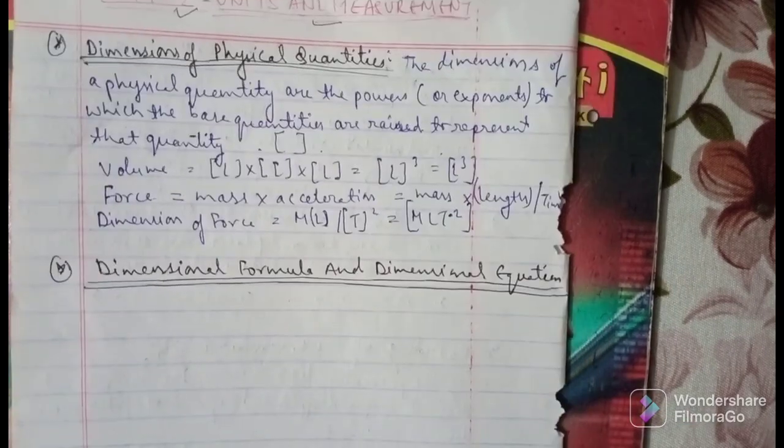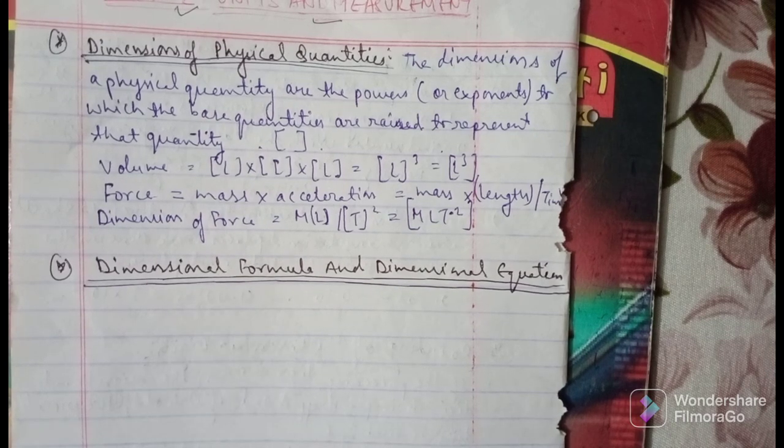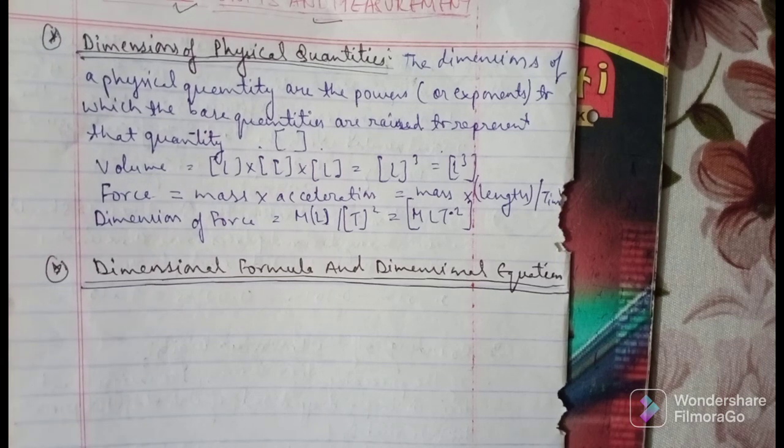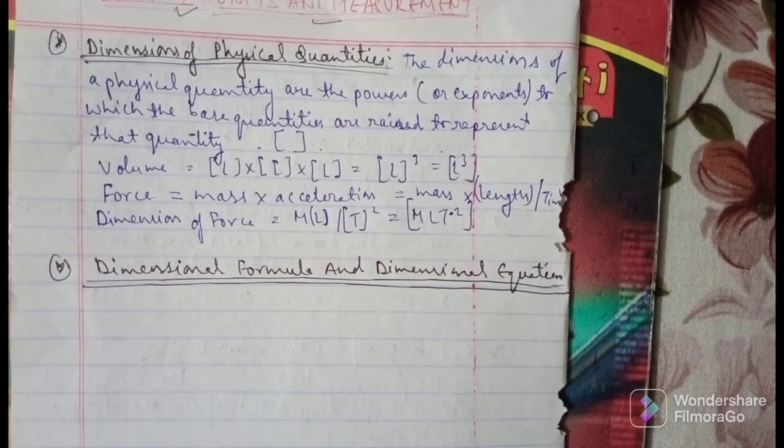In terms of dimensional formula and dimensional equation, the expression which shows how and which of the base quantities represent the dimensions of the physical quantity is called the dimensional formula of the given physical quantity. For example, the dimensional formula of volume is M0 L3 T0, that of speed or velocity is M0 L T inverse, and M0 L T inverse square is the dimensional formula for acceleration.